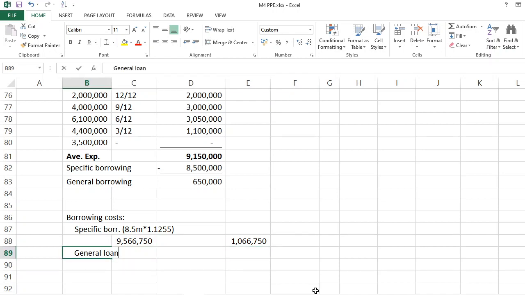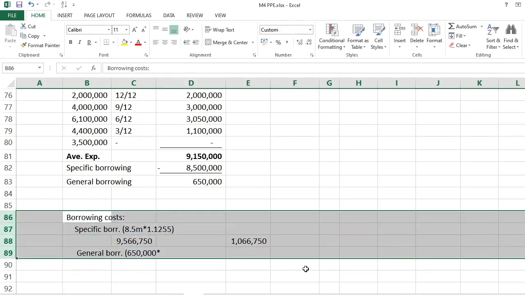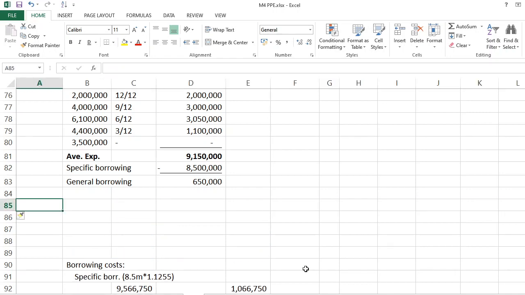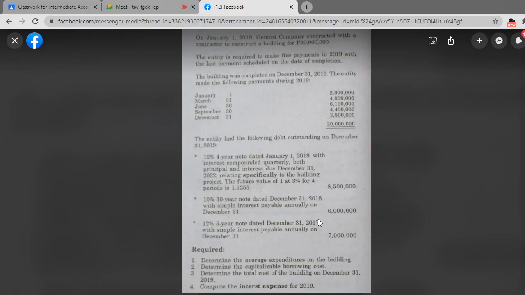Okay, general borrowing. How much? 650 based sa atong computation sa taas times the capitalizable rate. Ayan, nasanay na tayo, hindi tayo nag-compute ng capitalizable rate. So, let's compute for the capitalizable rate first. Interest is, pila ba? Okay, we have 6 million times 10%.